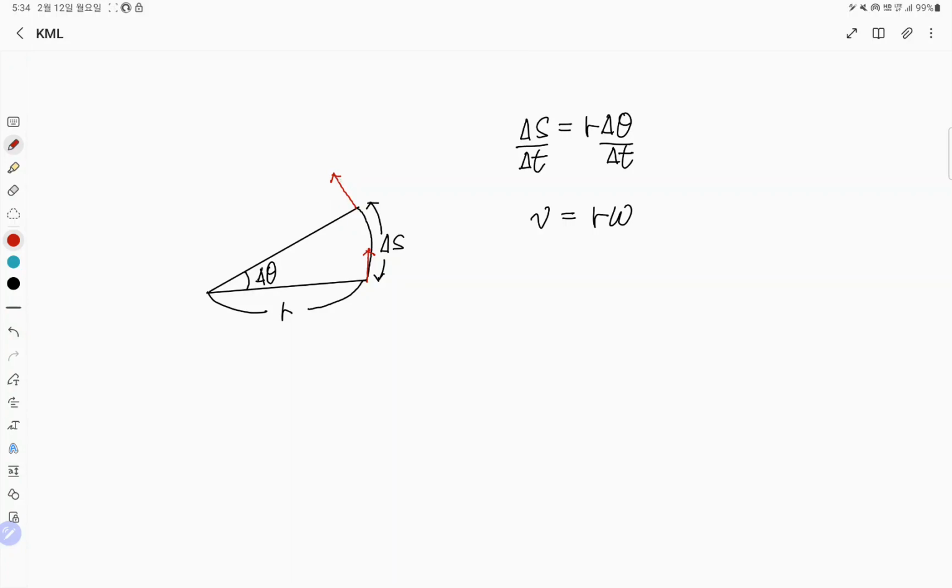So if we move this velocity vector with the same endpoint as the original velocity vector, because this is perpendicular, the angle between the two velocity vectors is the same as delta theta.